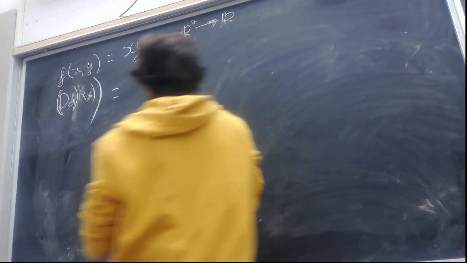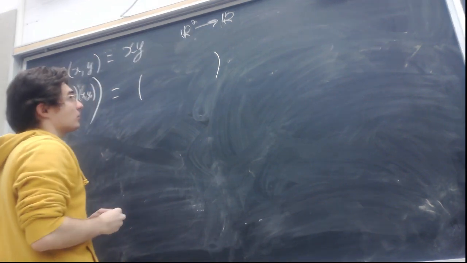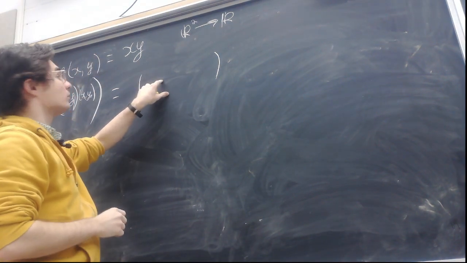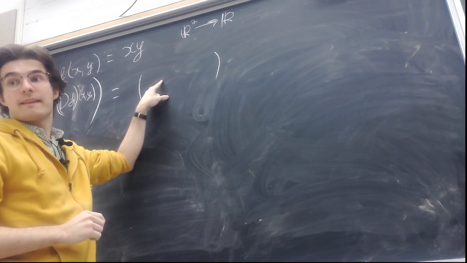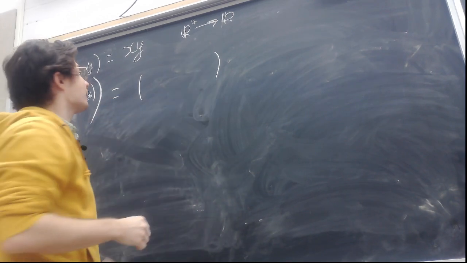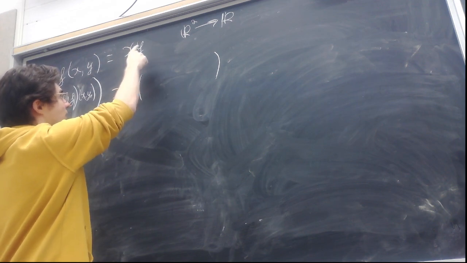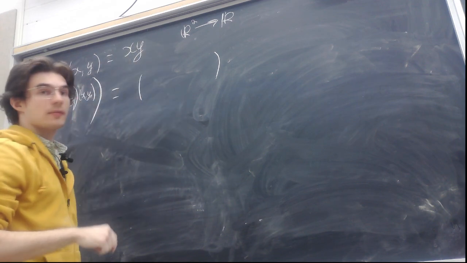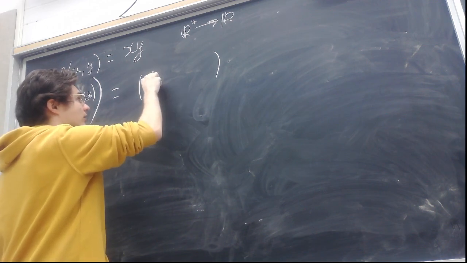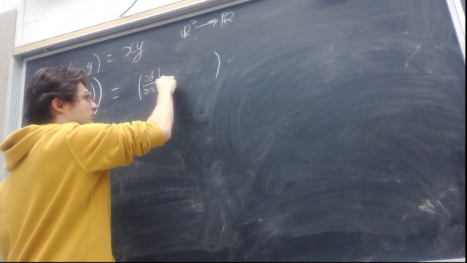How many columns are there? 2. Okay, so I'll draw something like this. There's going to be 2 numbers. In the first component, I'm going to differentiate my function with respect to x, and in the second, with respect to y. So I want to take the derivative of f with respect to x and evaluate at the point x naught, y naught.